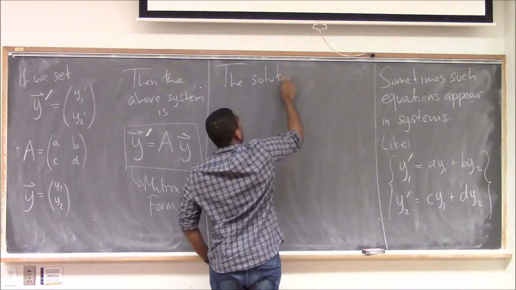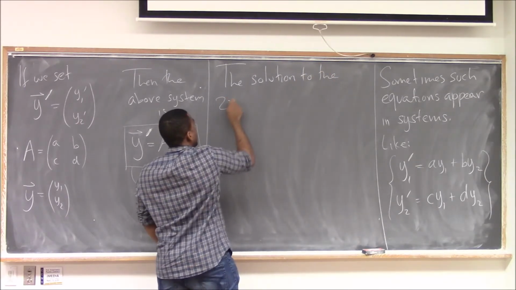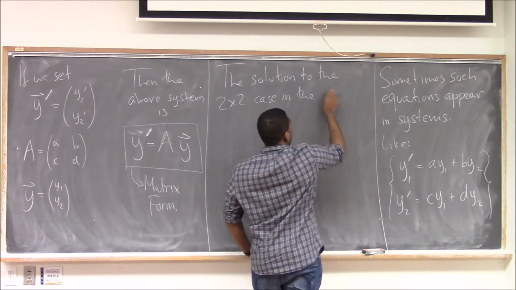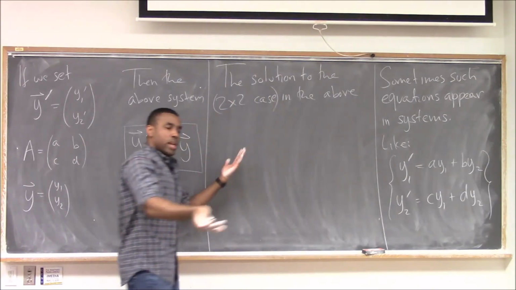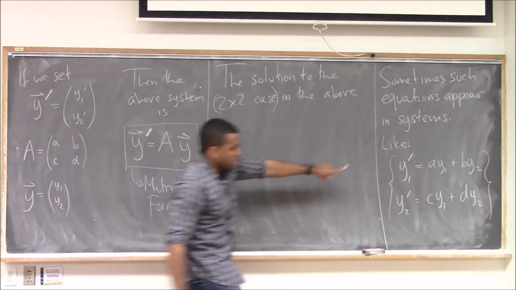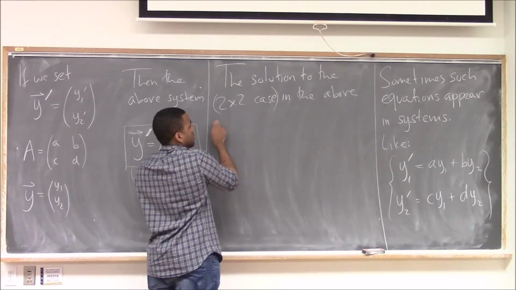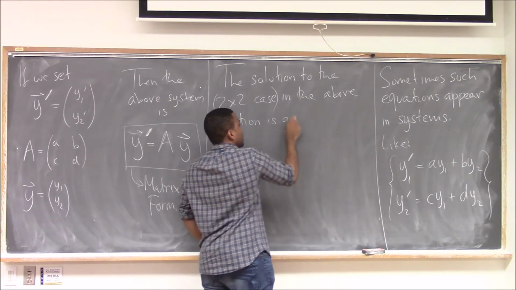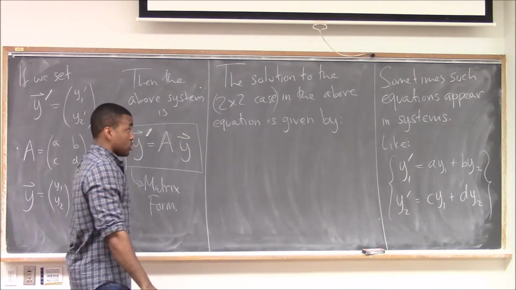The solution to the 2 by 2 case. So this actually applies in general, but we're specifically talking about the 2 by 2 case. So I have two populations, 2 unknowns, 2 equations. Turns out we know exactly what the solution of this is going to be.